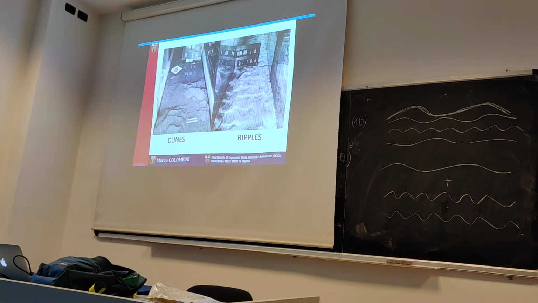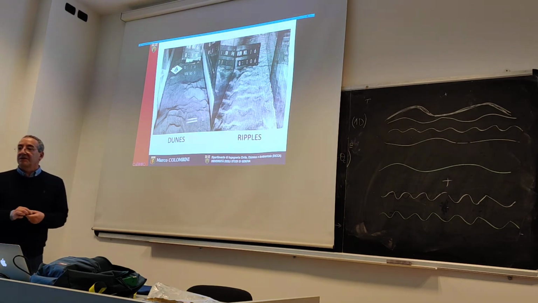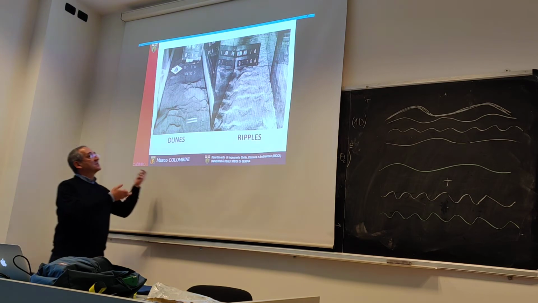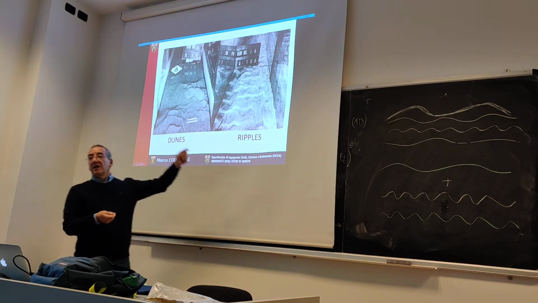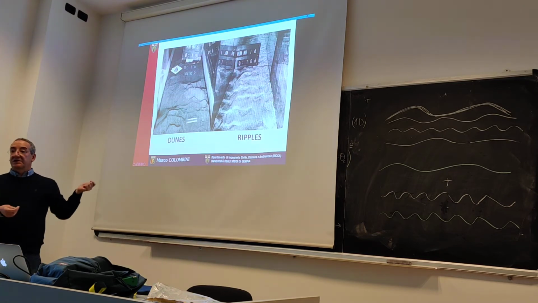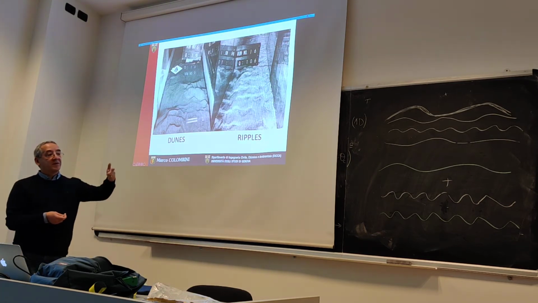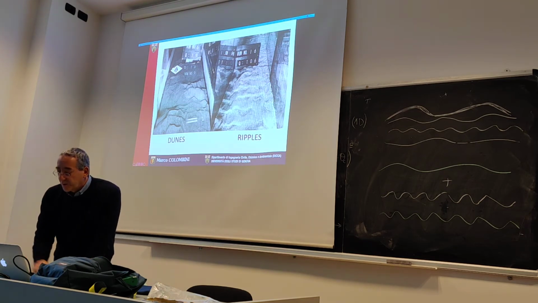So people that are trying to interpret the result, on the contrary, have difficulties because you have no discriminant between the two. So you have no instrument to tell what is a ripple and what is a dune, if you treat them as sinusoidal disturbances.